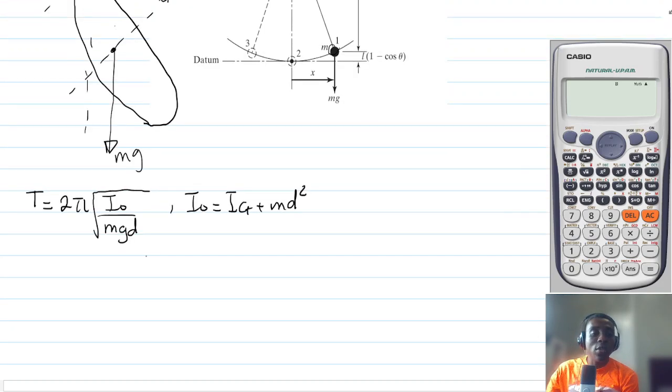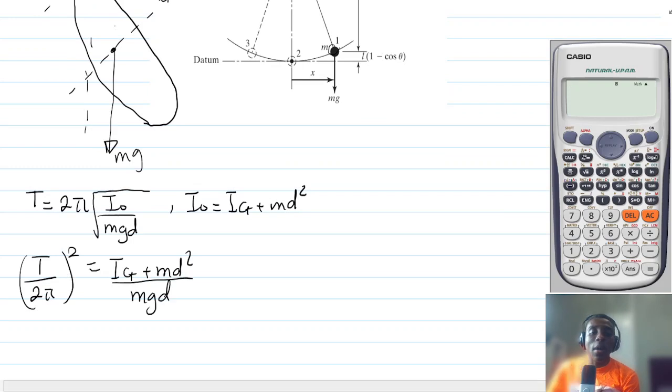So if you divide the period by 2 pi and square it, it will be equal to Ig plus m d squared, all divided by mg multiplied by d.